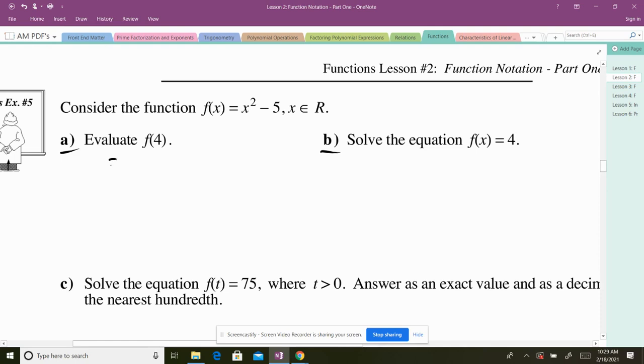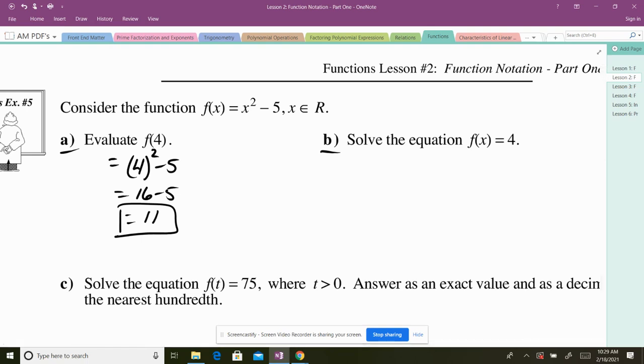In for x's. So 4 squared minus 5. It's 4 squared. Minus 5 is 11. There you go. Okay.